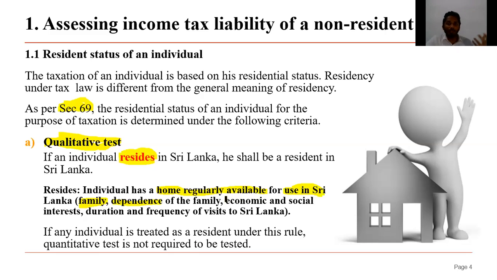If he has a bank account, investment in Sri Lanka, and membership of a swimming club or any other sports club, then he has economic and social interest in Sri Lanka, and we can decide he resides in Sri Lanka. If not, he may have that membership and family elsewhere.